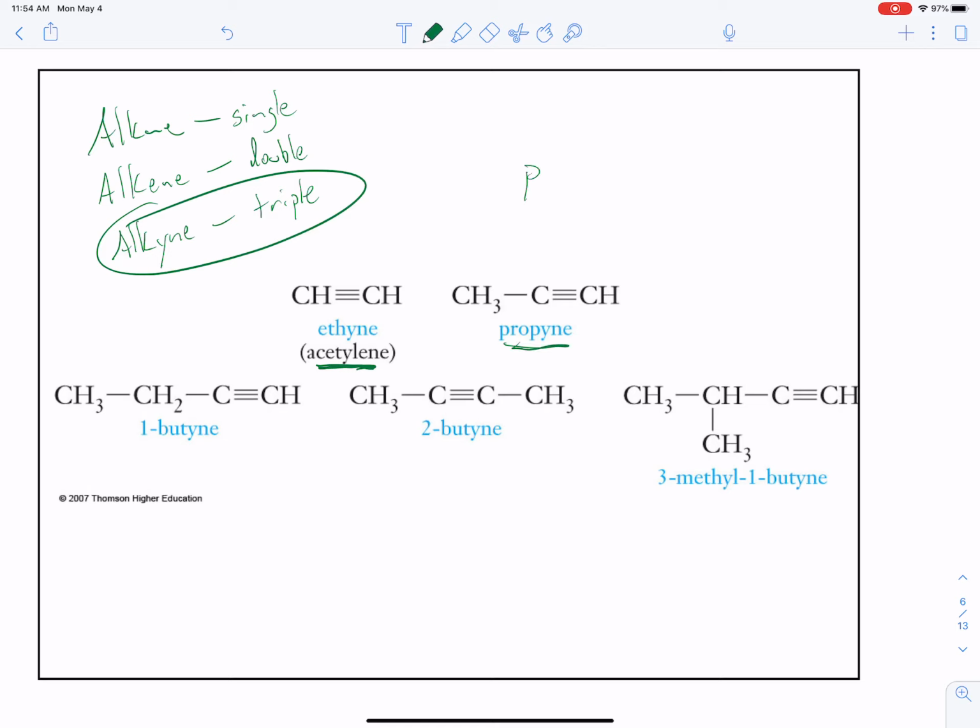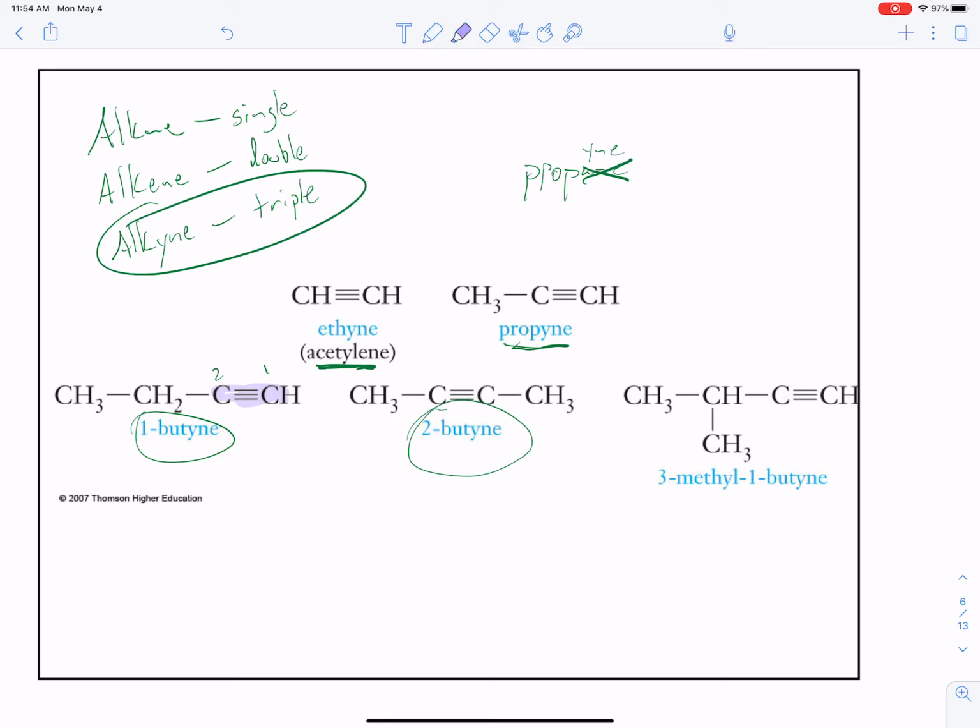So you see what you did? You took that propane, but you get rid of the ane and you put yne for the alkyne. Then you can have butyne, 1-butyne, or you can label it as 2-butyne. Depends on where your alkyne is. Notice that here on the left, we have it at the number 1 and 2 carbon.